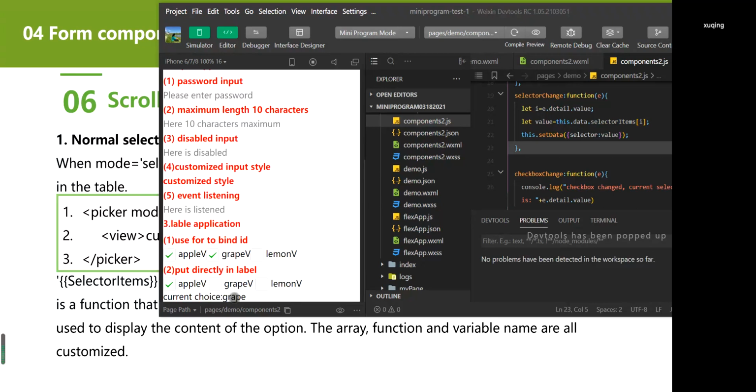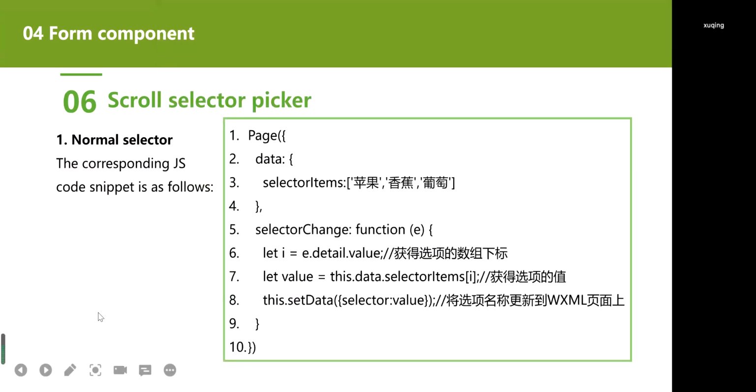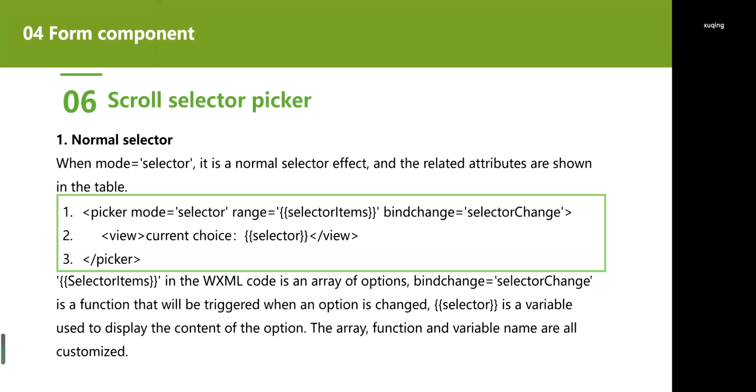So you see, picker is not very difficult to realize, and it is popular. We can see it in many places. And you can see this code in detail. As we see here, in picker, we have set the mode as selector. It means it is a normal selector effect. The related attributes we have seen: bind change, selector change, and selector items in the WXML code.